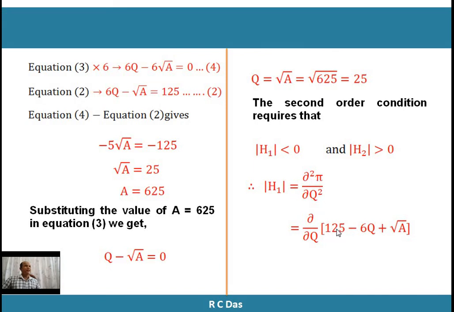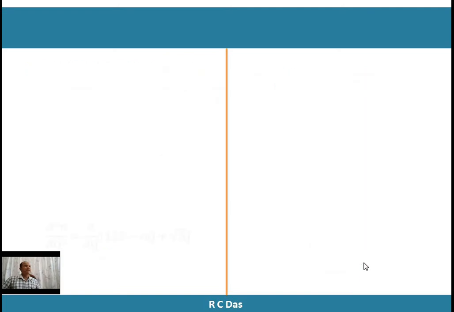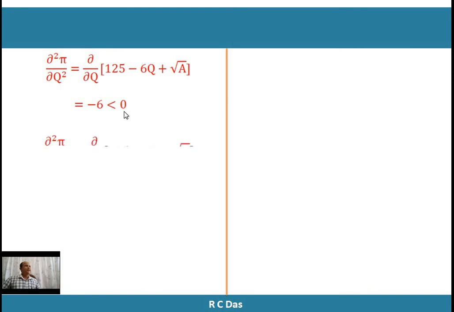Here we put del by del q the already derived value, that is 125 minus 6q plus root a. So the differentiation value is minus 6, so it is negative, that is why it is less than 0. Here we have derived the second order derivative of pi with respect to q, so this is equal to minus 6, less than 0.